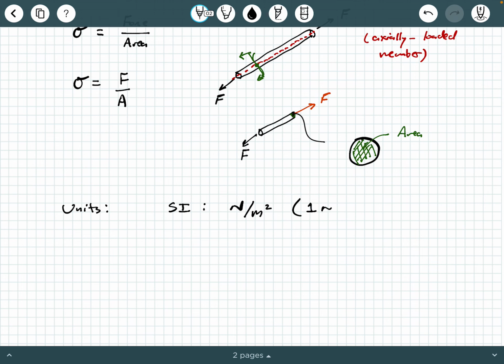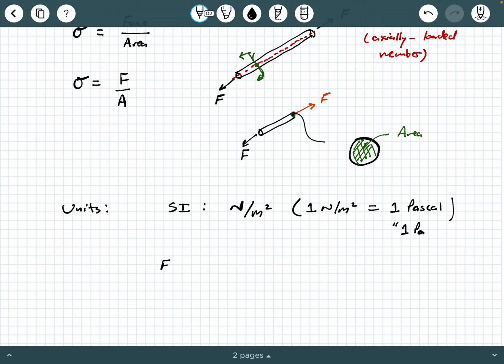So we can say 1 newton per meter squared has a special name of Pascal, P-A-S-C-A-L, which we abbreviate as 1 Pa. And then, of course, for SI units, we have all of the SI prefixes that we can use. For example, if you have kilonewtons per meter squared, we could call that a kilopascal. If you have meganewtons per meter squared, you would call that a megapascal, and so on.